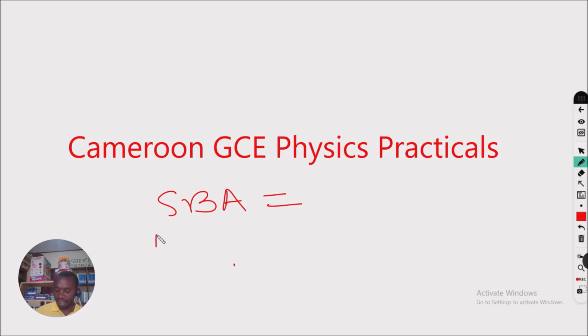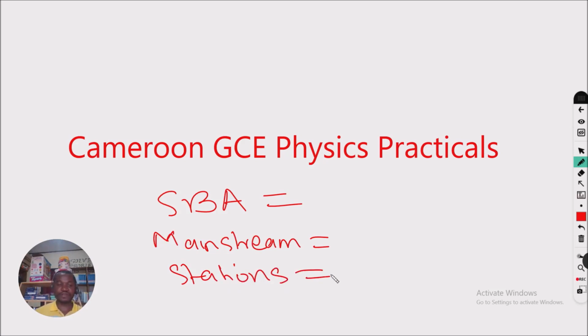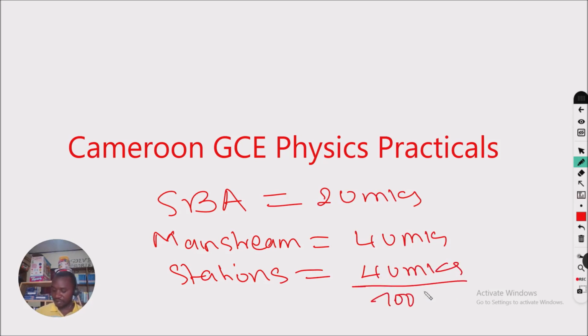We have the mainstream, and we have the stations. The SBA is 20 marks, mainstream is 40 marks, station is 40 marks. So you have a total of 100.